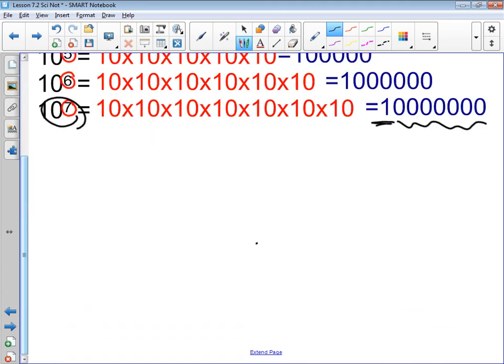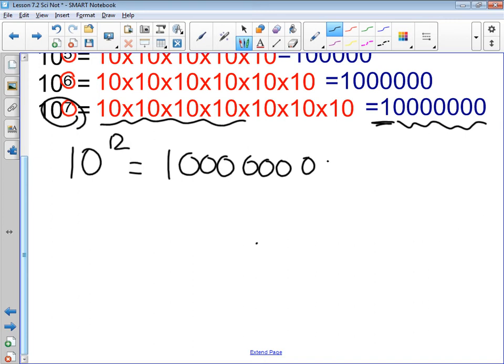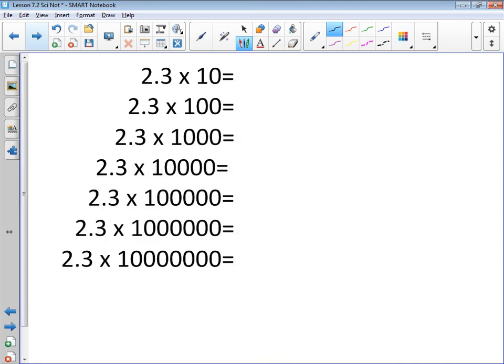So if I were to give you another one, 10 to the 12th power, you don't have to multiply 10 times 10 times 10 times 10 and so on. You just write a 1 followed by 12 zeros. 3, 6, 9, 12 zeros. Pretty easy. Still, you don't have to write this down.